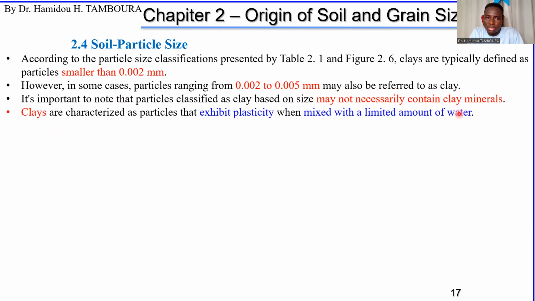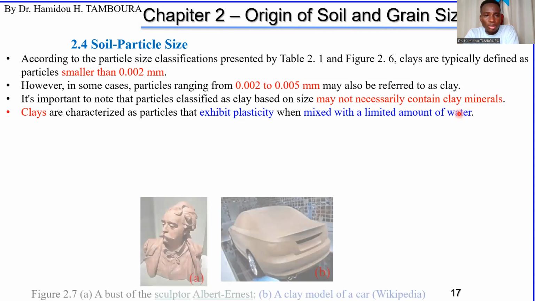So clay is normally particles that exhibit plasticity when we mix them with a small amount of water. That is clay mineral. If you add a small amount of water to clay mineral, the clay can behave like plastic.